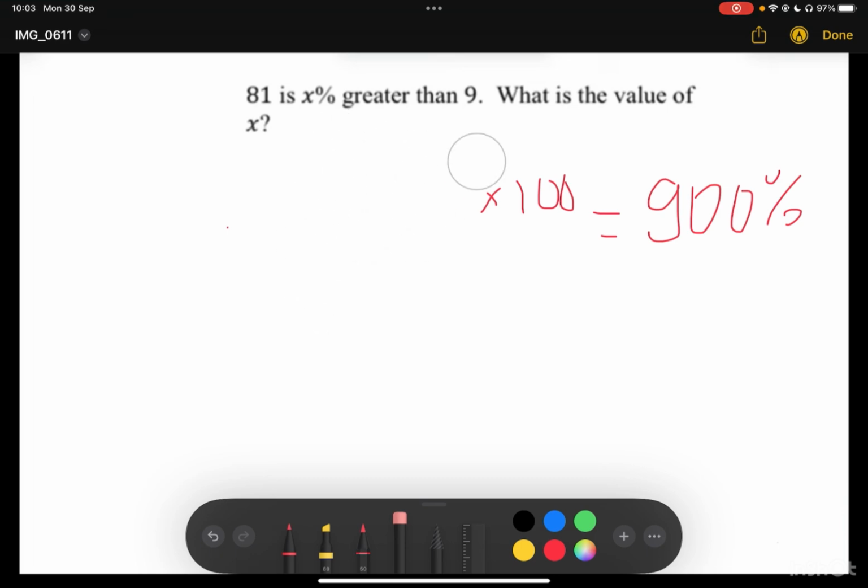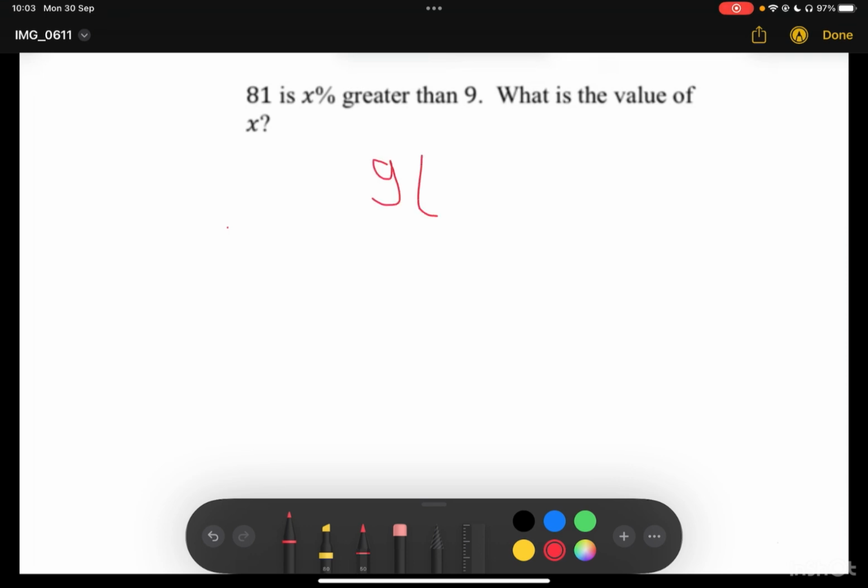See, the correct way to approach this question: for increase and decrease in percent, we need to take 9 times (1 plus x) equals 81.